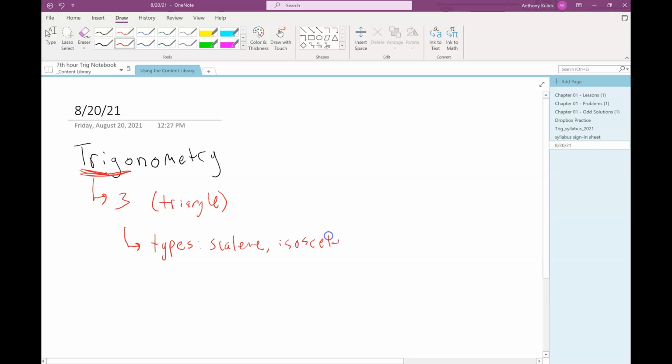So these are the ways you can classify triangles based on their side lengths. You could also classify them, though, based on their angles. What are the 3 there? 30, 30, 60.